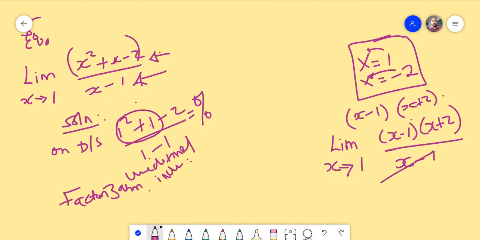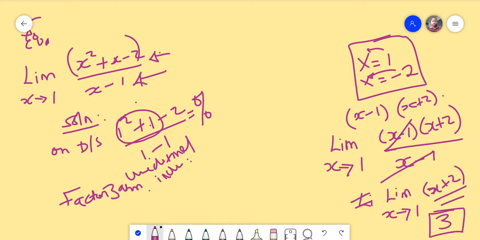Now this can cancel with this one, and I'll have the limit as x approaches 1 of x plus 2. When I put 1 where there is x, it's 1 plus 2, which gives me 3. So that is the answer that we are having.